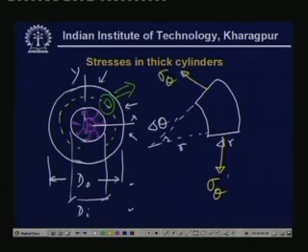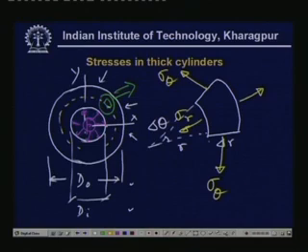Therefore the total force will be sigma theta times delta r, and suppose this thickness we have taken to be unity. So here this is sigma theta times delta r times unity. So this is the total force. Here the force is again sigma r, and there of course the sigma r will vary.